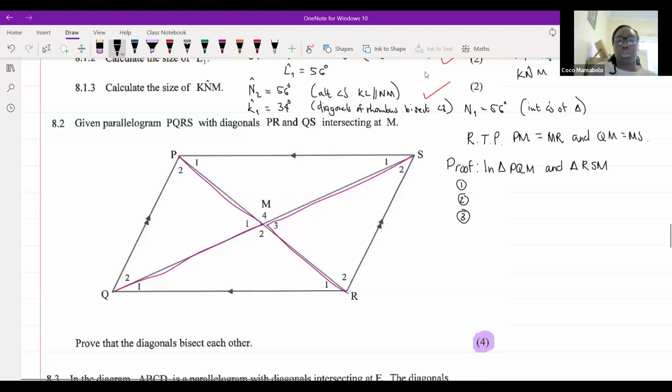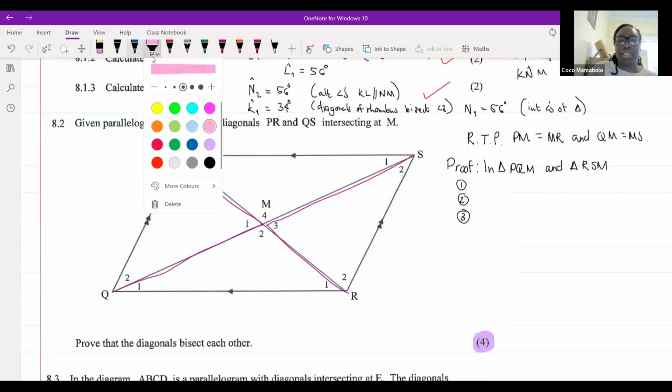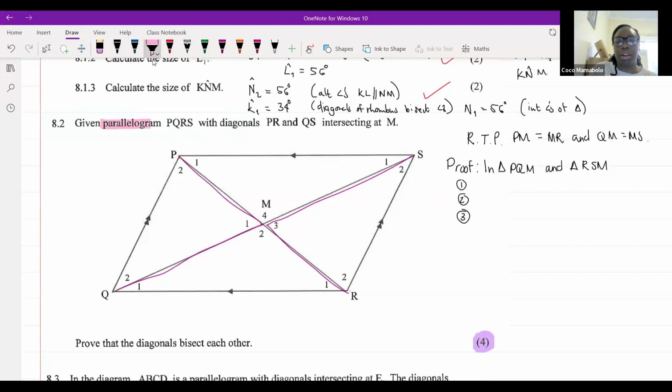Luckily, they've told me that I'm given a parallelogram, which is lovely information. I now know that there are certain things I can assume: SR is equal to PQ, and PS and QR are parallel, and PQ and SR are parallel. That's going to help me a lot in my proof.